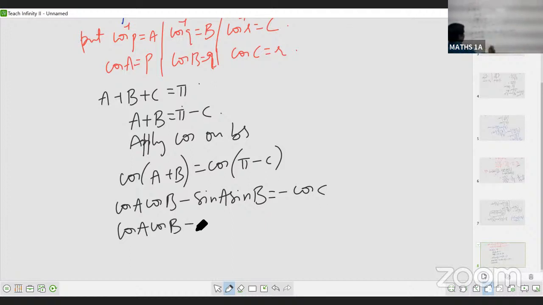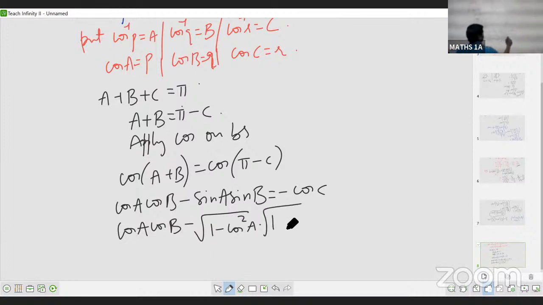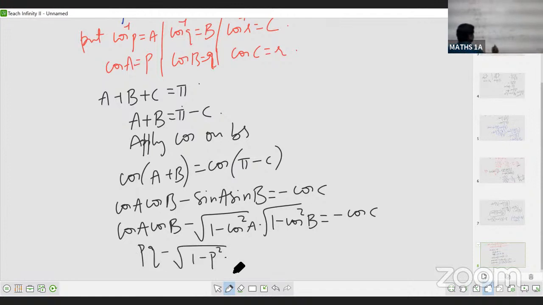Since I don't have any information on sin A, I will write it as under root of 1 minus cos square A, and sin B as under root of 1 minus cos square B, equal to minus cos C. Cos A is p and this is q, so pq minus under root of 1 minus p square, 1 minus q square, equal to minus r.